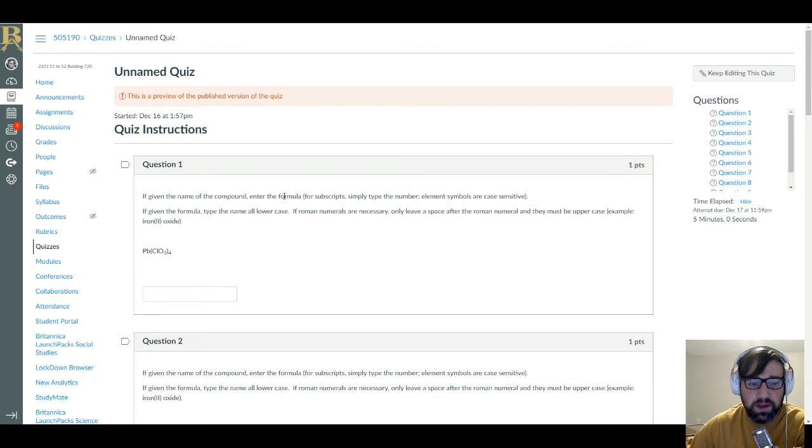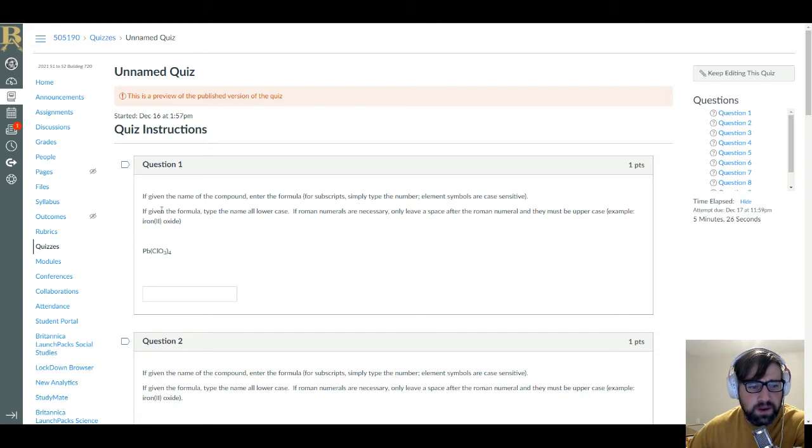If given the name of the compound, enter the formula. Don't write any subscripts. Just type in the number, and the elemental symbols are case sensitive. So if you're going to do Cl, make sure that you type in Cl as in capital C lowercase l instead of capital C capital L. Those are two different things.